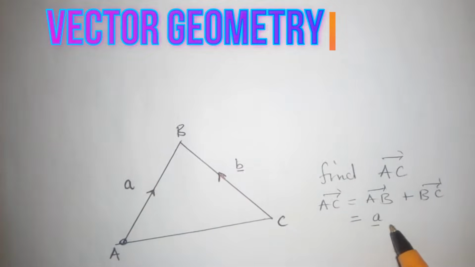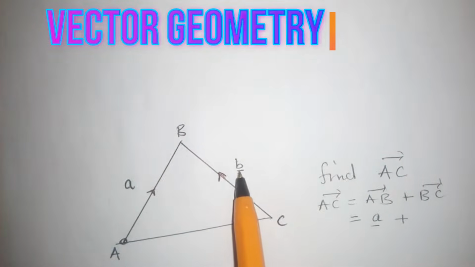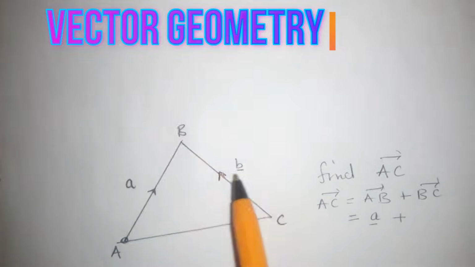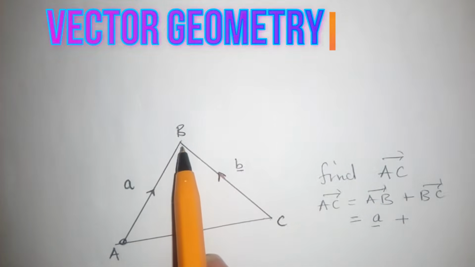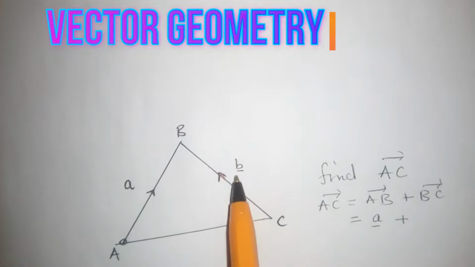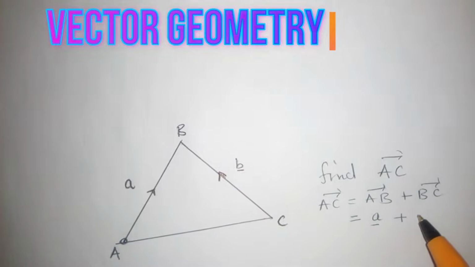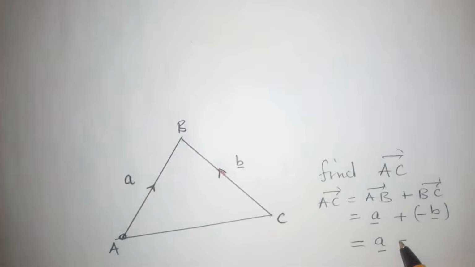AB is vector A plus what is our BC? If you check nicely here, what letter is here? It's B. And where is the sign pointing? The sign is pointing upwards from where the vector is coming from. So this is BC, but the vector which is here is CB. So what do you do to show that this is the opposite direction? You put a negative. So it will be negative B, of which when you clean it up, you have something like this. So this is our answer.